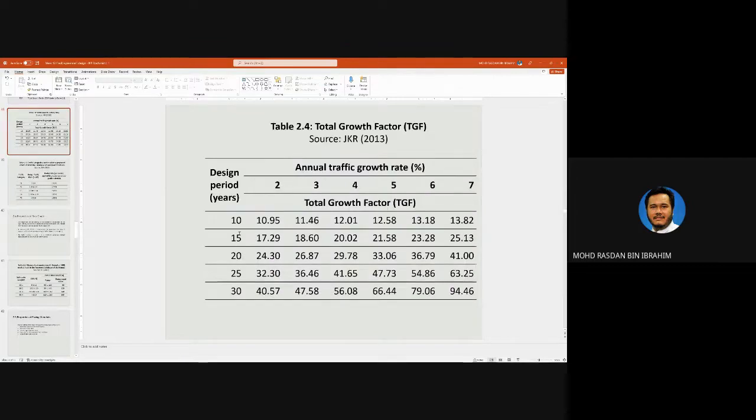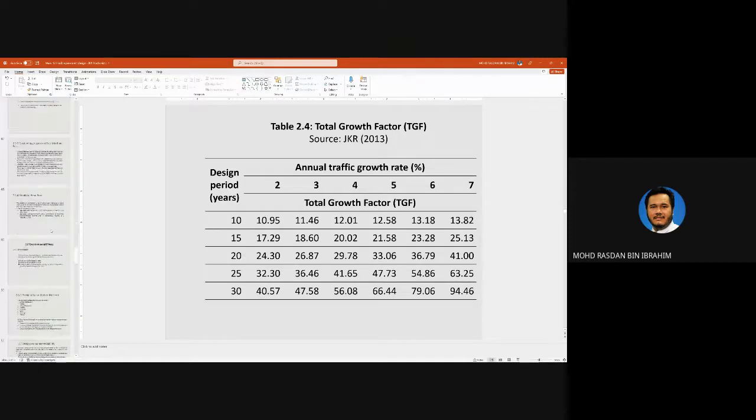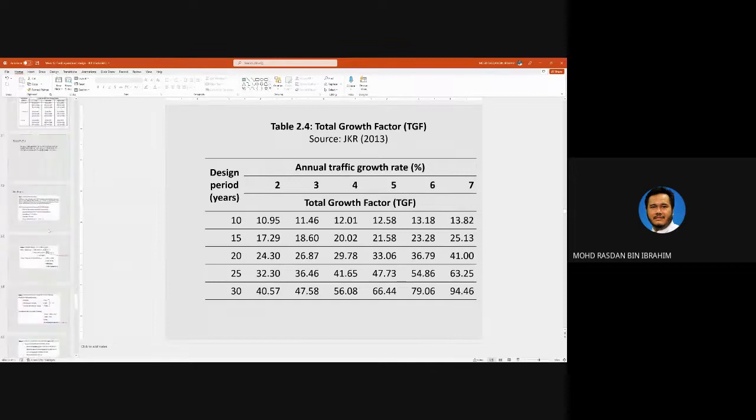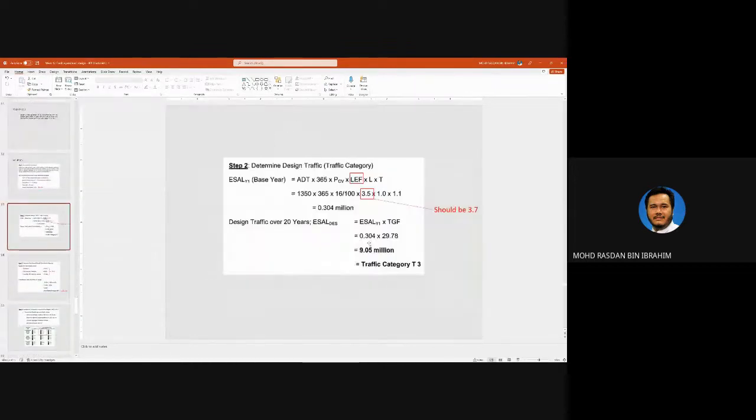Okay, design period berapa tadi? Saya pun dah lupa lah. Ni lah kan. So for 4% growth, the value is 29.78. So you'll get the design traffic for 20 years at 9 million.